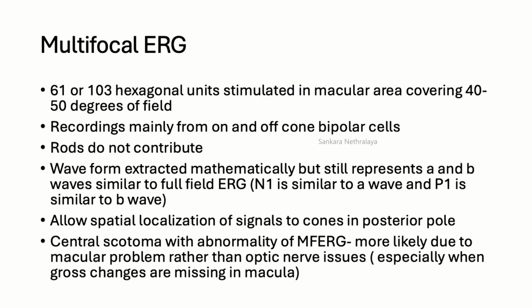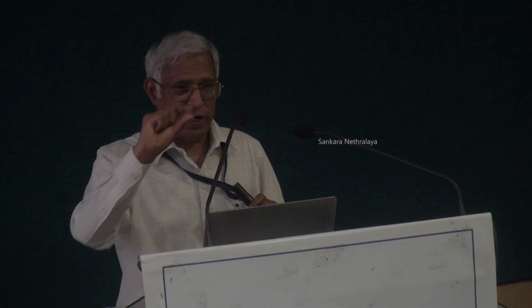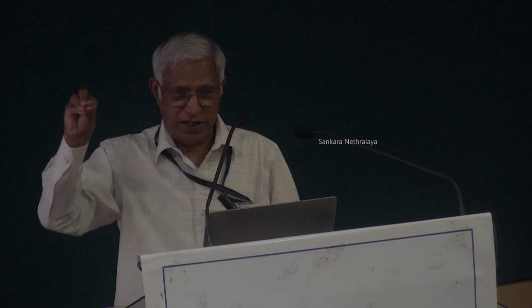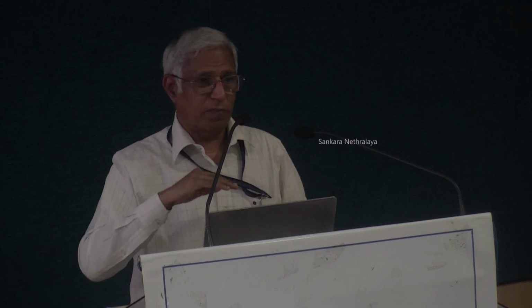Multifocal ERG is a sort of technical jugglery where they stimulate the retina using patterns, and the computer, a lot of algorithms are there. Using them, they're able to subtract the information after serially recording it and get you information as if the ERG is recorded at a particular hexagon, in the small area, by subtracting information from the rest of the retina.